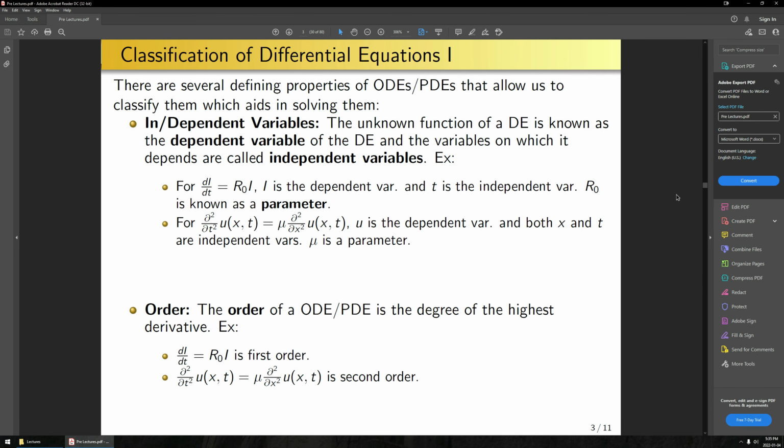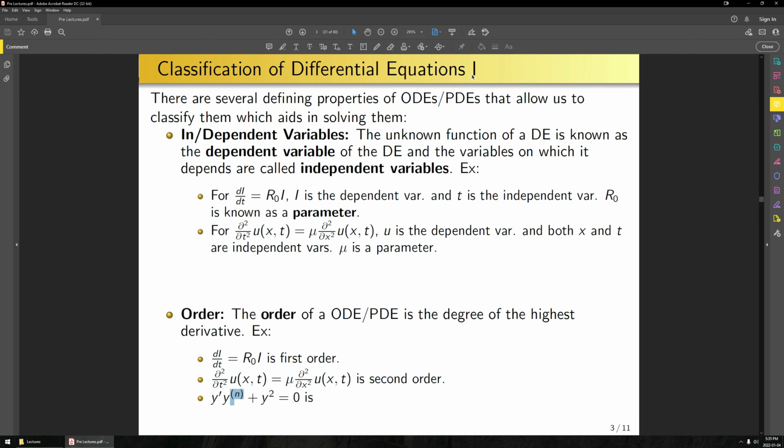Okay, so let's look at one final example here. So what would the order of this equation be? Well, if we look at it, recall that the parentheses around the n is saying take the nth derivative. So here we kind of have to know what n is to be able to classify this. For instance, if n is 0, then the highest order derivative would be this one here.